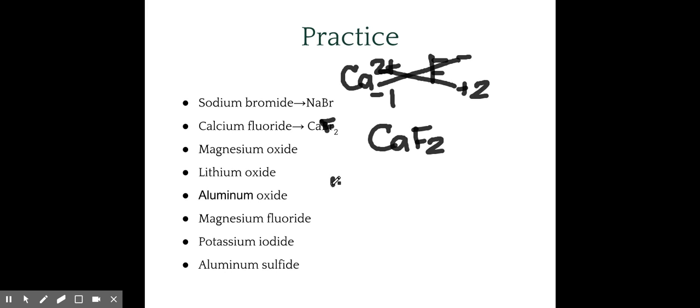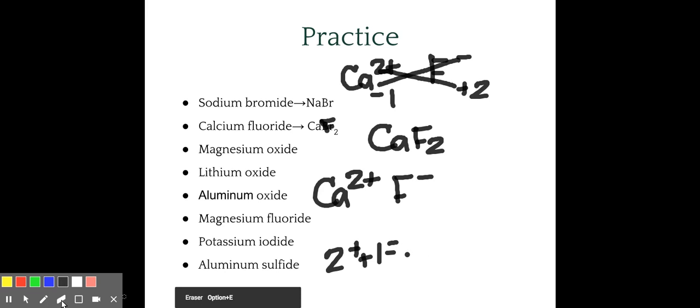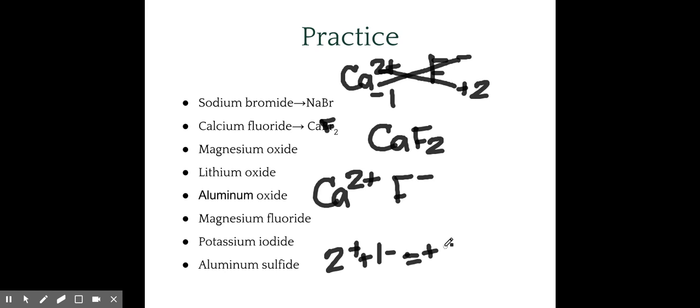Let's look at this another way. Calcium has a charge of +2. Fluoride has a charge of -1. Well, if I have +2 plus a -1, that equals, let me fix this real quick. All right, there we go. A +2 plus a -1 equals a +1. Well, that's not going to work.